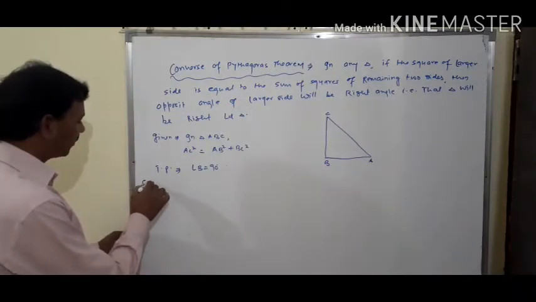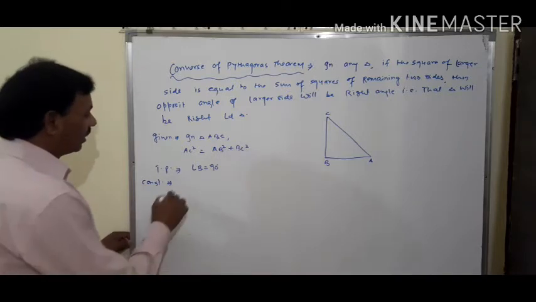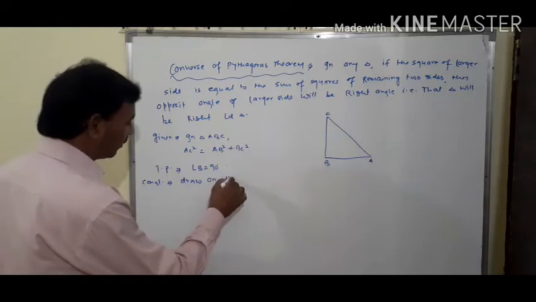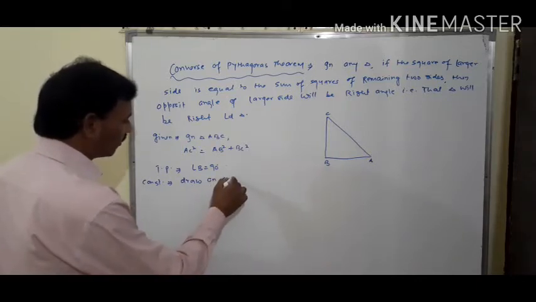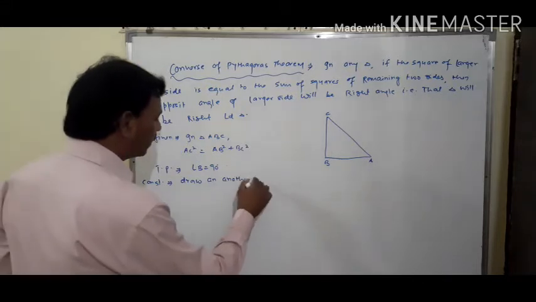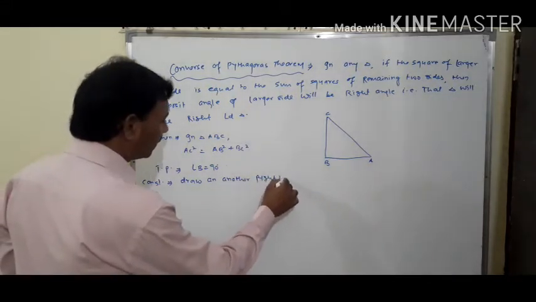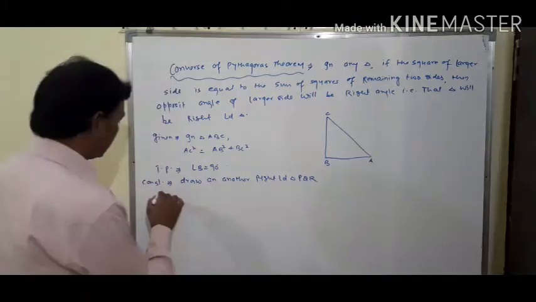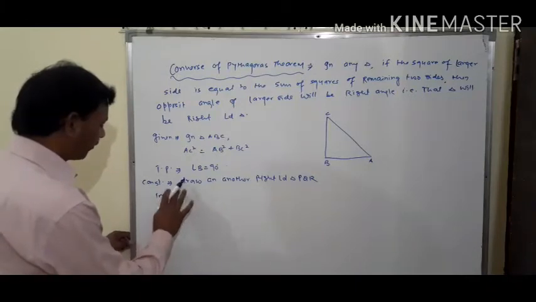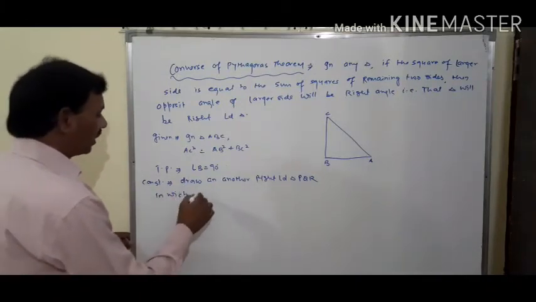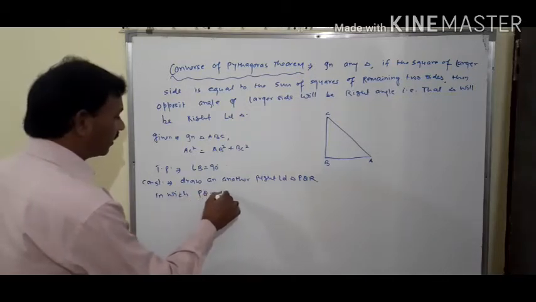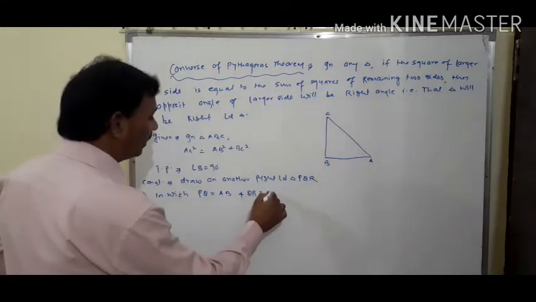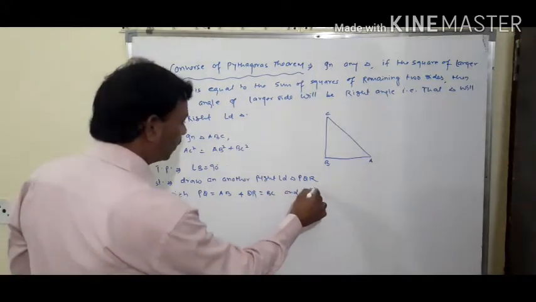Now doing the construction, draw another right angle triangle PQR in which PQ equal to AB and QR equal to BC and angle Q equal to 90 degree.